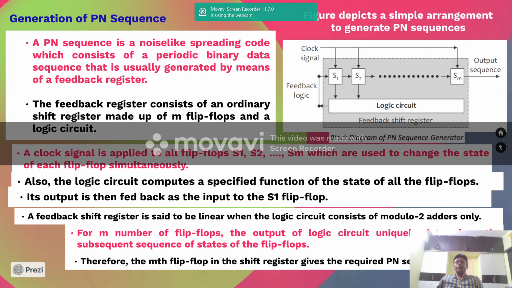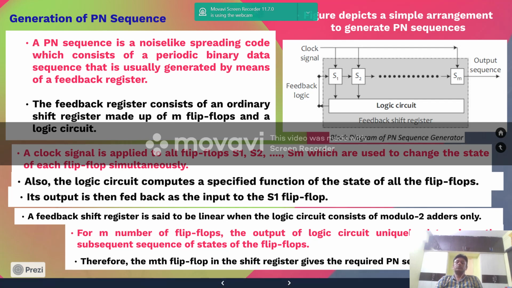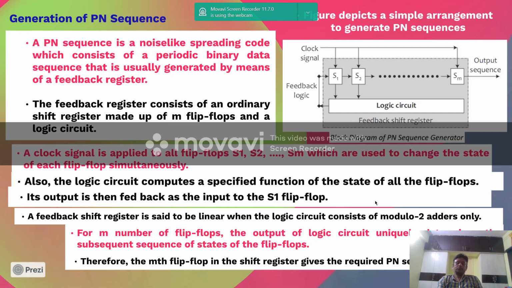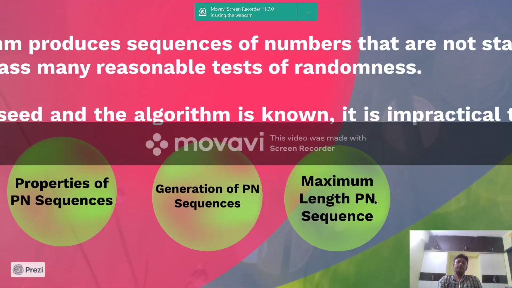The feedback shift register consists of flip-flops and a logic circuit. Flip-flops are used to store bit data. The feedback shift register is said to be linear when the logic circuit consists of modulo 2 adders only, simply the exclusive OR operation.